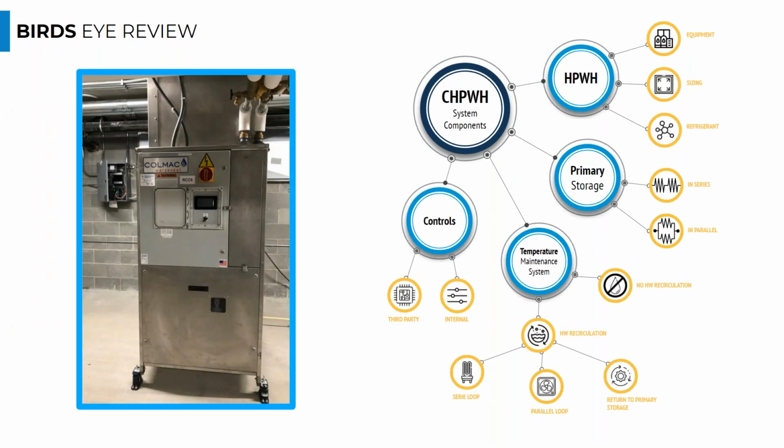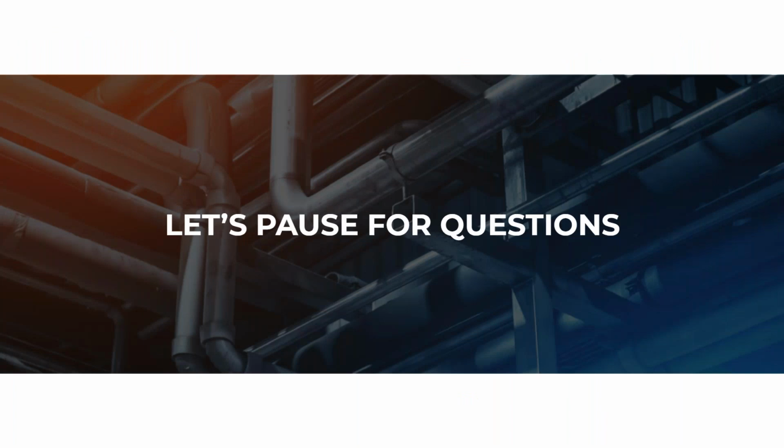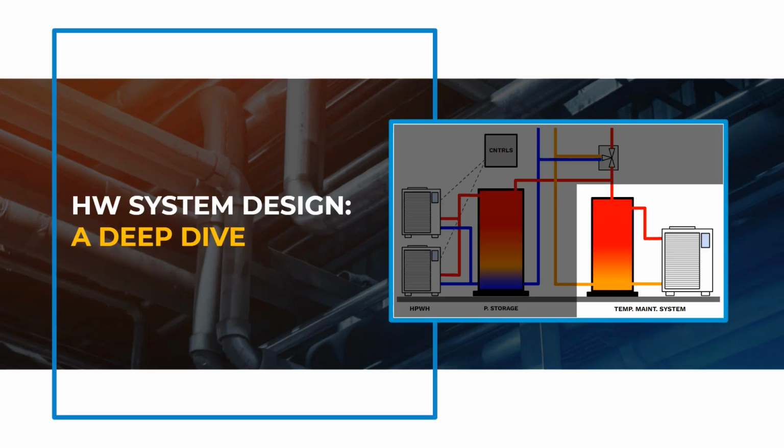Thanks. Great. So I hope that we showed you that the equipment that was available 10 years ago can be utilized to meet the domestic hot water load in Seattle area multifamily buildings, even on our cool design days when it's cool outside and maybe snowing. The next thing we're going to go into is a deep dive into the temperature maintenance system.